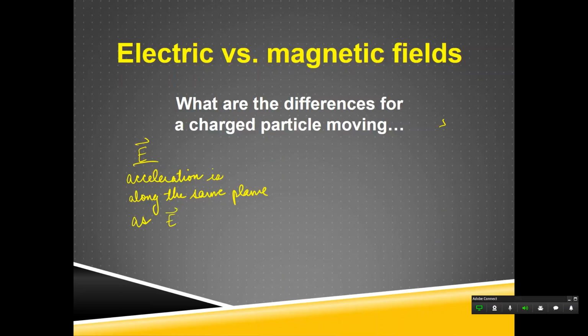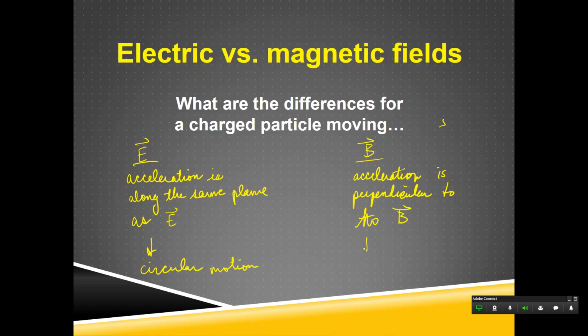And for magnetic field, you can say that the acceleration is perpendicular to the field vector B. So this will cause an object to go in circular motion, and this one is either going to be linear if it's in the same direction, or parabolic.